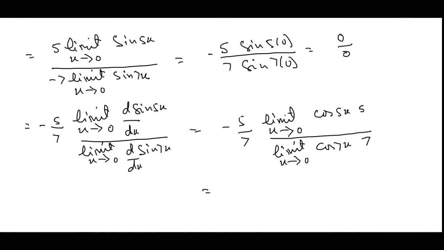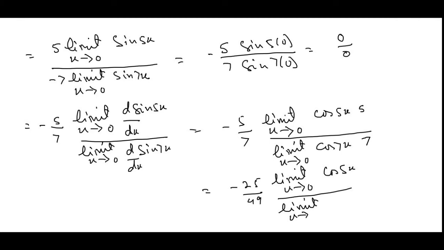Applying the limit, but first of all we'll take these constants 5/7 outside the limit, and on multiplication it will be 25/49. Now first of all we will write it like that: limit x approaches 0, cos 5x, and whole divided by limit x approaches 0 and cos 7x.